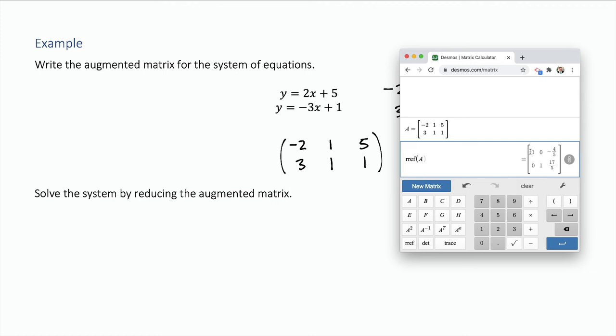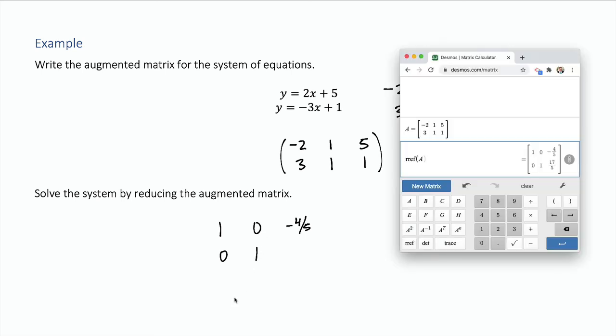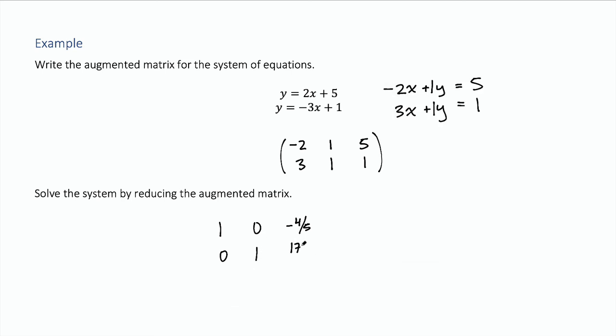I'm just going to go ahead and write out these rows here. So 1, 0, negative 4/5, and 0, 1, 17/5. Each of these rows still corresponds to an equation.